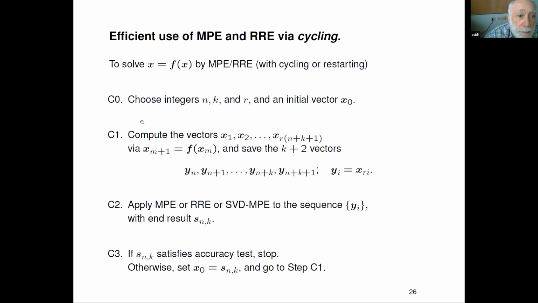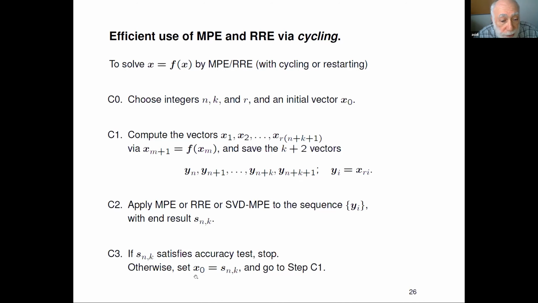And then what you do is you perform these iterations here. Suppose that r is equal to 1 for simplicity. So you form this thing. You take all these vectors, x sub n, x sub n plus 1, etc., and apply MPE or RRE to these vectors to obtain S_{n,k}. If your S_{n,k} is good enough, you stop.